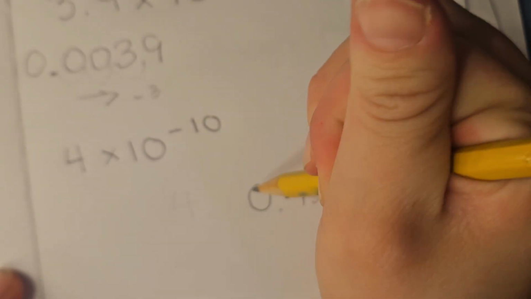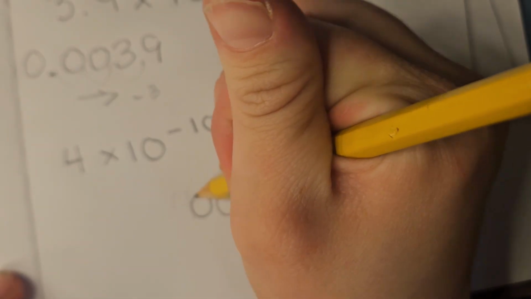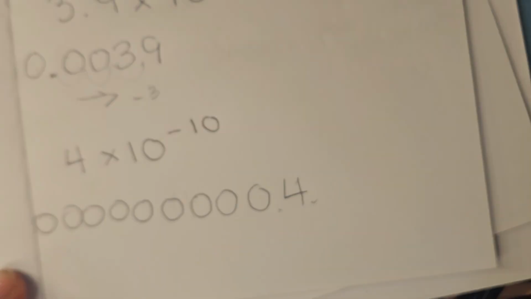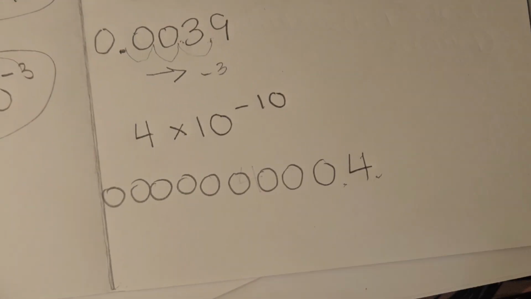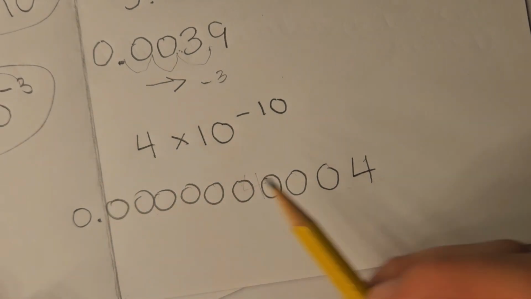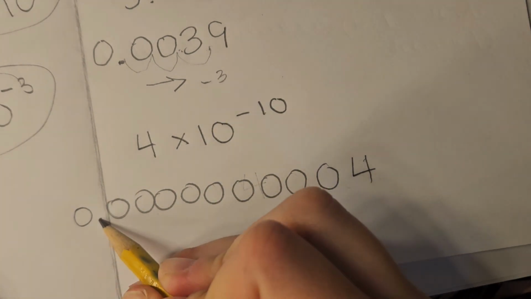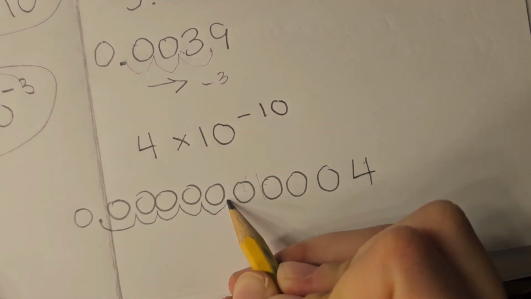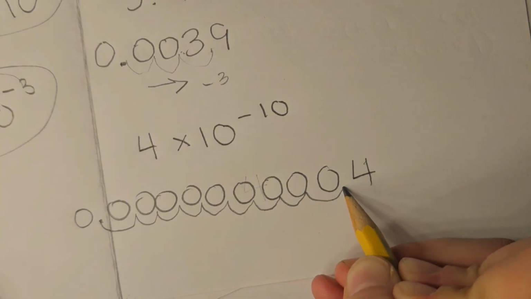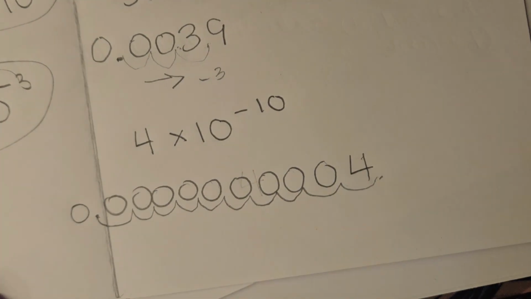So I'm going to write 1, 2, 3, 4, 5, 6, 7, 8, 9. It's kind of a lot. And then again, we can double check this by counting backwards. 1, 2, 3, 4, 5, 6, 7, 8, 9, 10. And that's where we started.